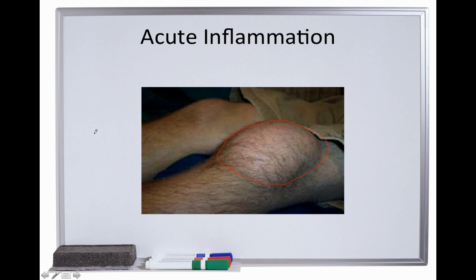And the cardinal signs of inflammation, that's cardinal like the bird, are going to be heat. So that's why it's warm to the touch. Redness, swelling, pain, and loss of function.